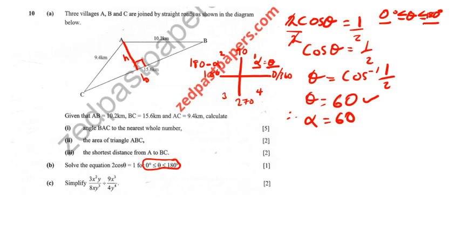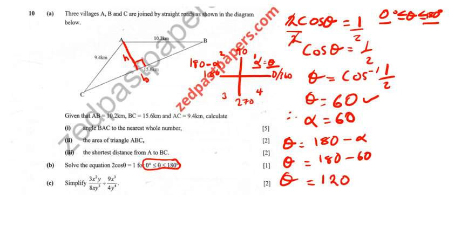But in the second quadrant, it is what? We are going to have theta, which is equal to 180 minus our alpha, our first angle. So our theta will be equal to 180 minus 60. And then you say theta is equal to, now 180 minus 60 is 120 degrees.